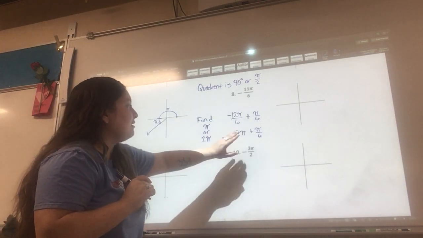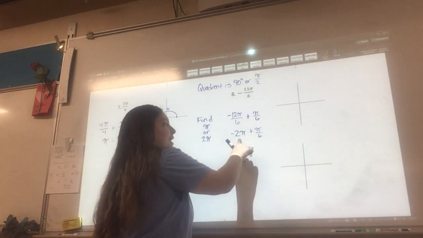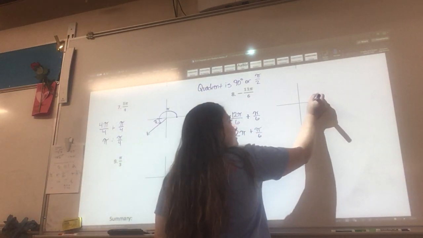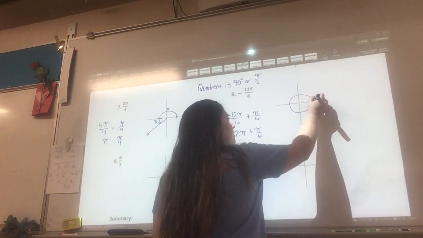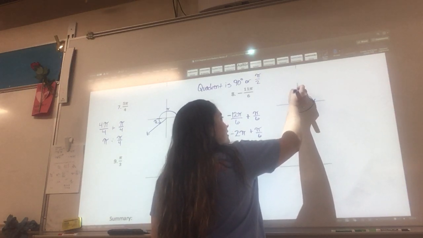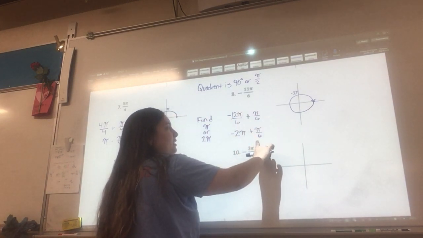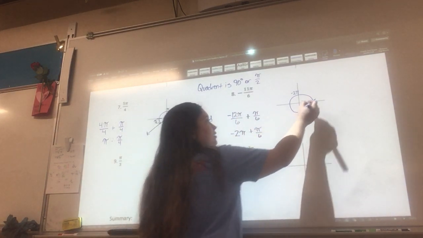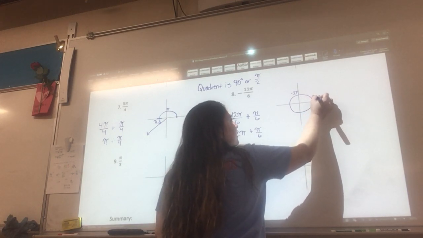Now that I have that done, I now have a helpful reference. So I know I need to go negative 2 pi. And since it's negative, we go a full circle. So this is negative 2 pi. But we need to add to get to negative 11 pi over 6. Add, so we go clockwise, pi over 6.